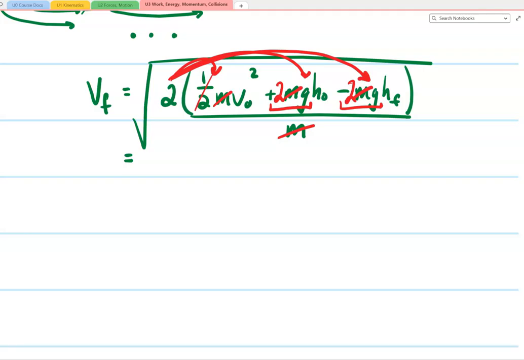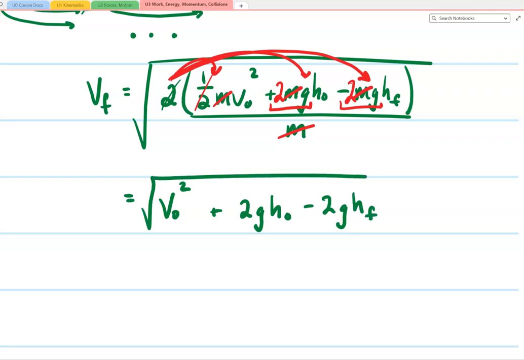So now actually m is all the way gone. And so while this 2 and this 1/2 canceled and the 2 got distributed into these new positions, we actually see an expression that looks something more like this. We have our initial velocity squared plus 2 times g times h naught minus 2 times g times hf, and all of that underneath a square root.